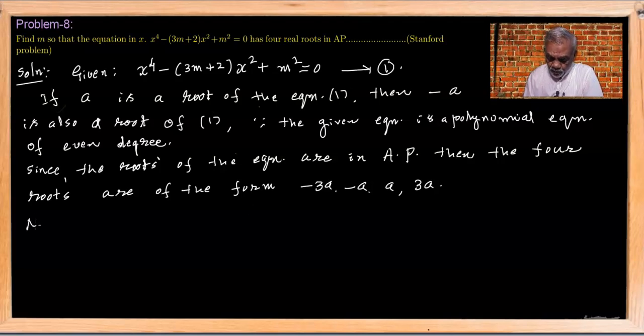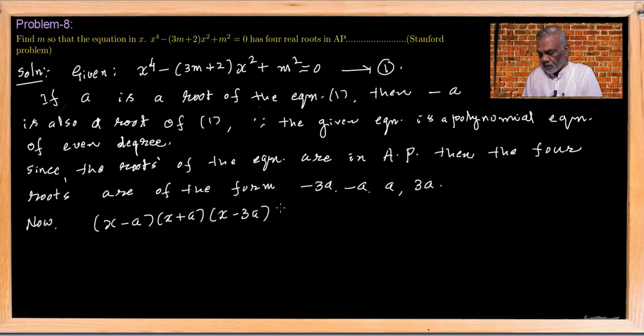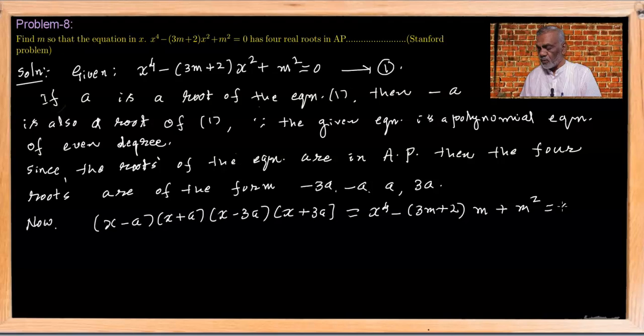Now, (x minus a) into (x plus a) into (x minus 3a) into (x plus 3a) is equal to x raised to 4 minus (3m plus 2) into x square plus m square, that is equal to 0.